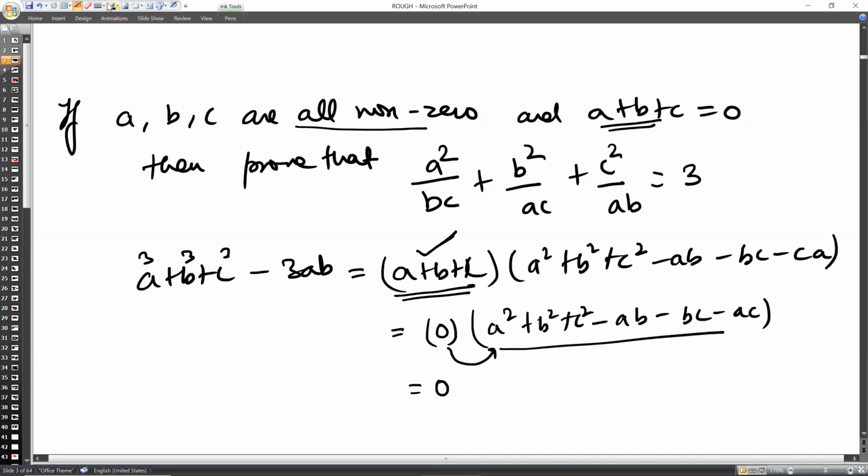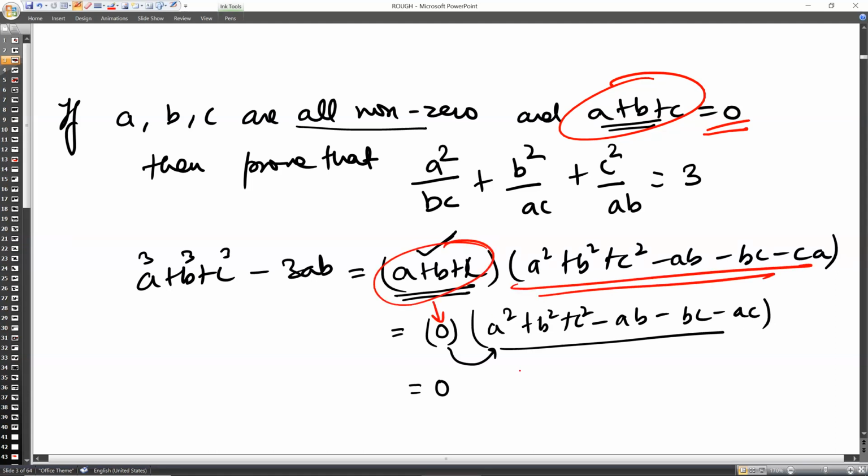So if this whole term is 0, 0 multiplied with this bracket will make the bracket 0. 0 multiplied with any bracket is 0. 5 into 0 is 0, 7 into 0 is 0. Whatever we are multiplying, if it is multiplied with 0, it will become 0.